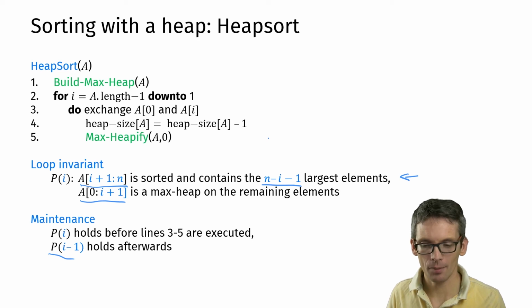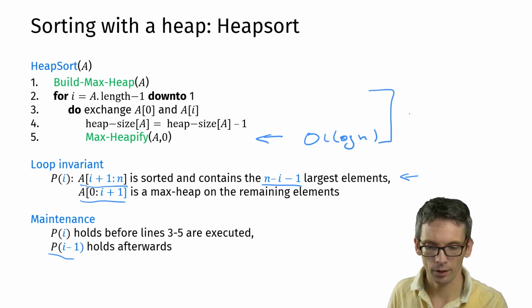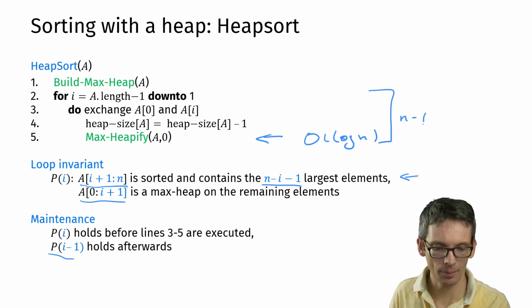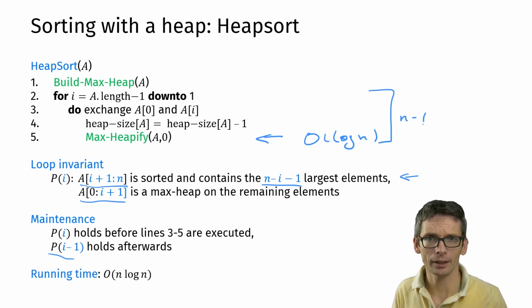What is the running time? So it's dominated by this Max-Heapify that takes order log n time. We do this n times, or n minus 1 times. This gives me order n log n as a running time.